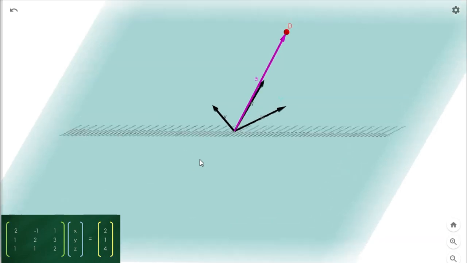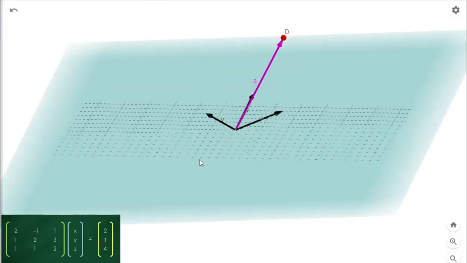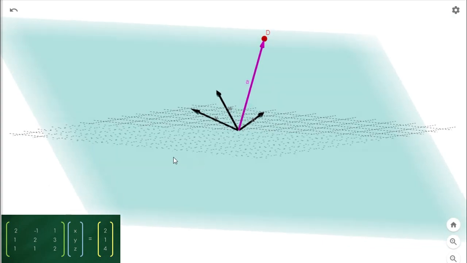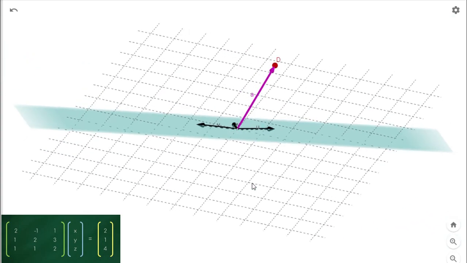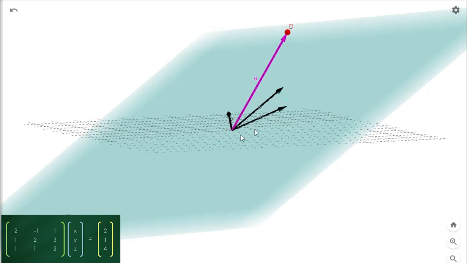Okay, so that's fine. But if I want to find the closest vector that is inside the column space, this plane right here, a vector which is inside this plane, which is closest to this vector, it should be B in our example.